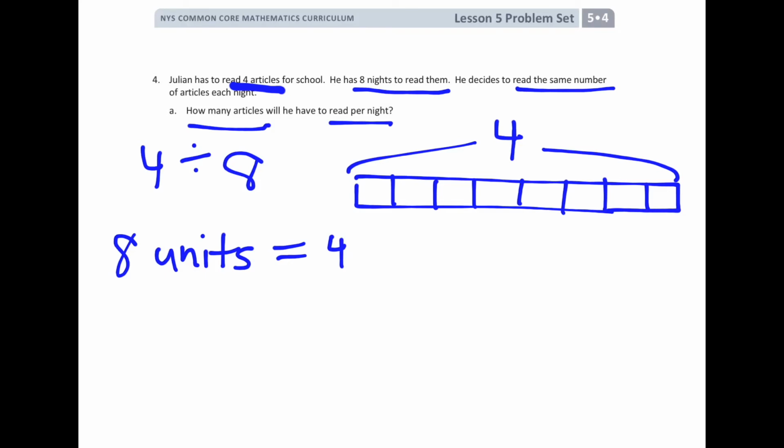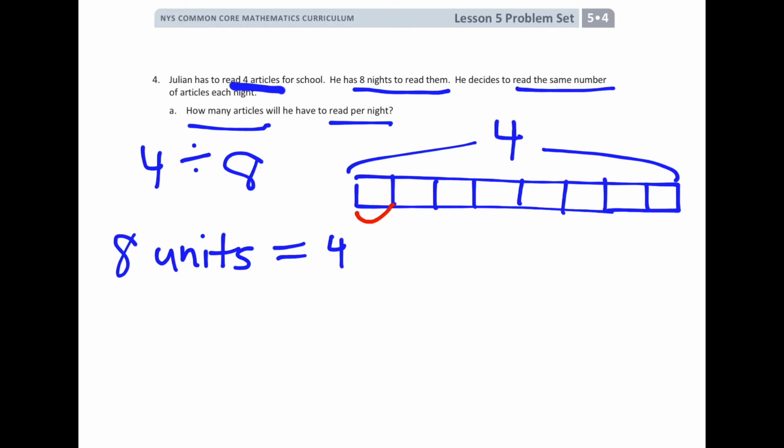Now let's go ahead and focus. It's asking us how many articles read per night. 1 unit. So we need to figure out how many are in this 1 unit. Each box represents a night, and we need to figure out how many articles he'll read in each night, each unit.